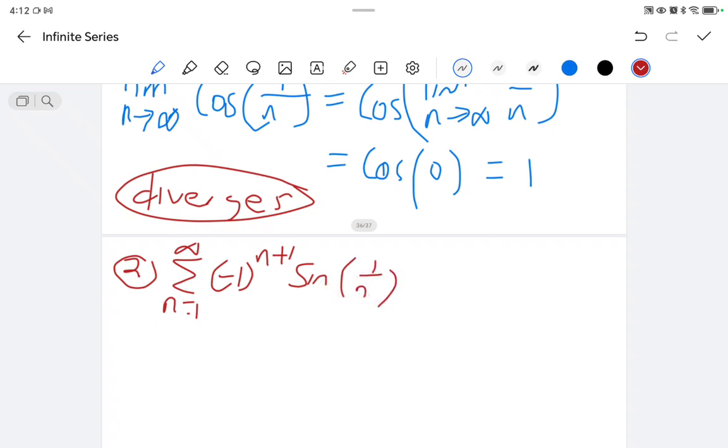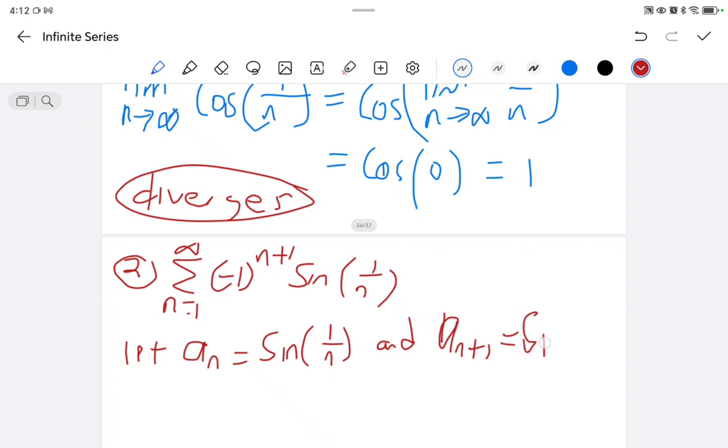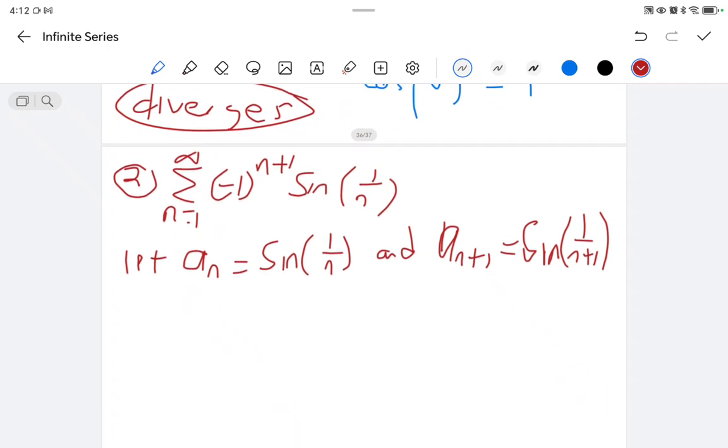Then I can let a of n be equal to sine of 1 over n and a of n plus 1 be equal to sine of 1 over n plus 1. Here we want to check if a of n plus 1 is less than or equal to a of n, to say that it's decreasing, right?